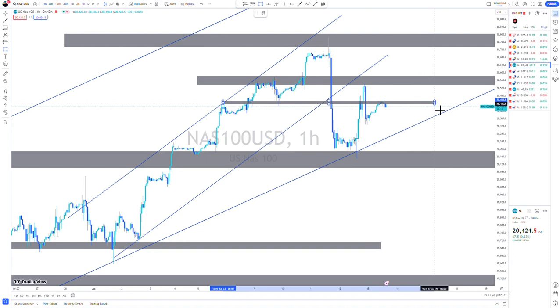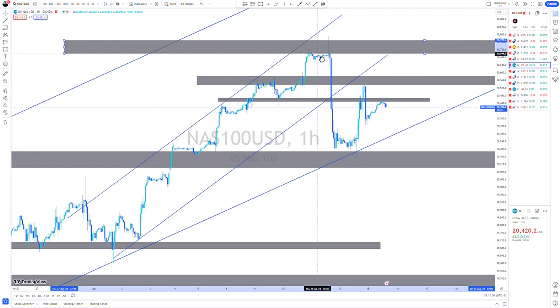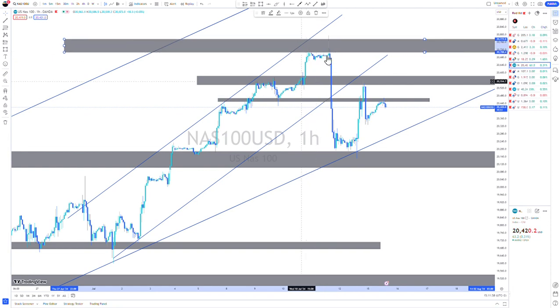We are still good for sales. The reason why I'm saying that is because Nas went high, couldn't go higher than the previous high, rejected that high again, went down, just melted down, came back, broke structure, came back, retested this level again, and then went down.